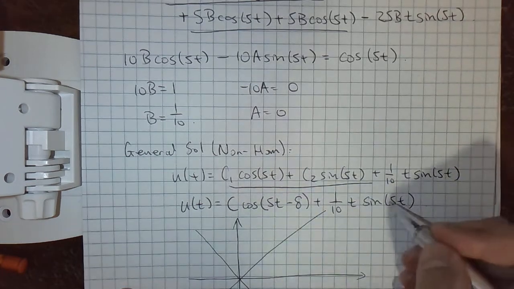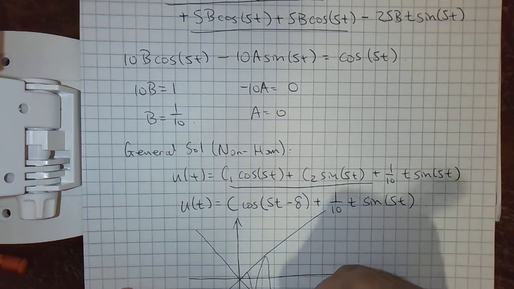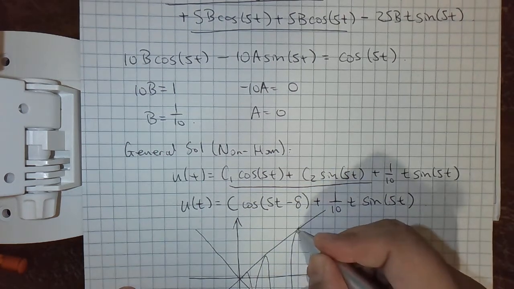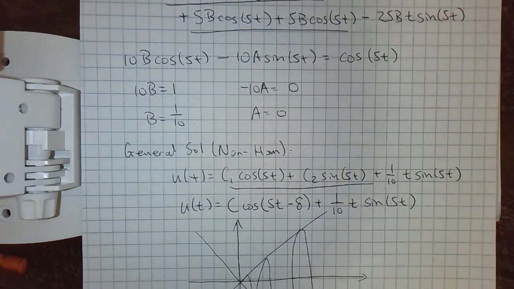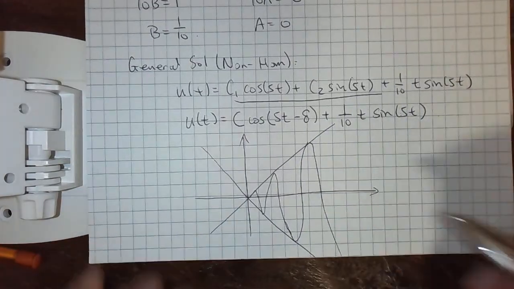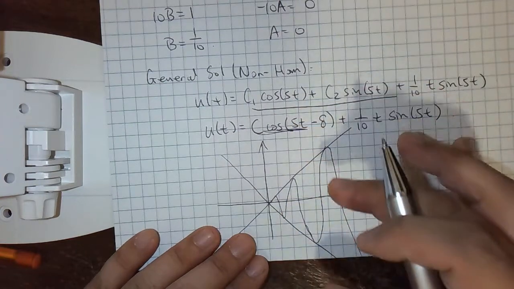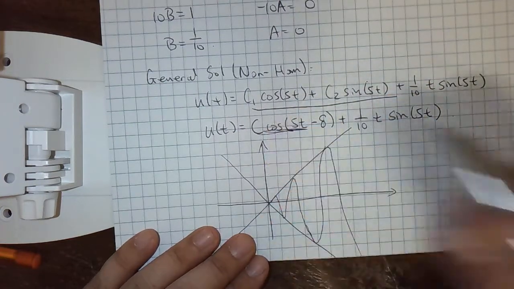And then you see what happens is the sine of 5t gets a lot bigger than usual really fast. Sorry, can't see this. Here we go. Gets a lot bigger than usual really fast. This one stays the same size. This is going to go up and down between c and negative c.